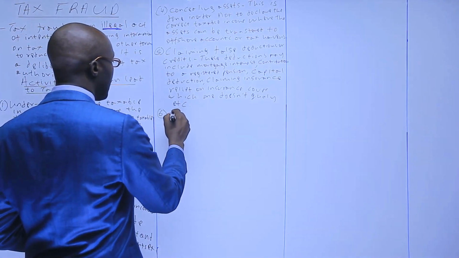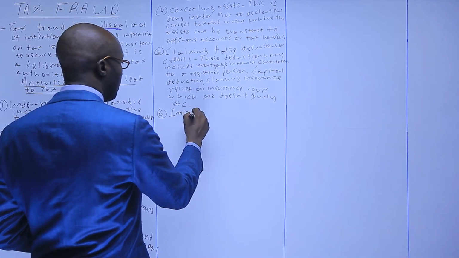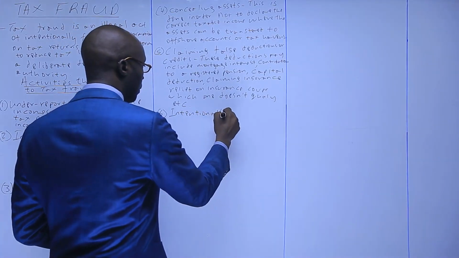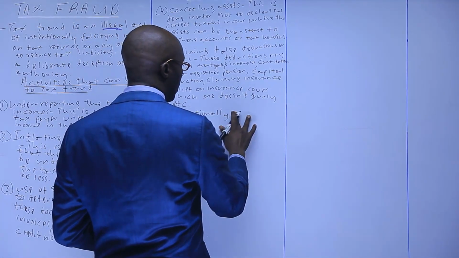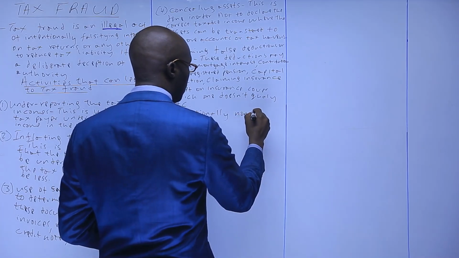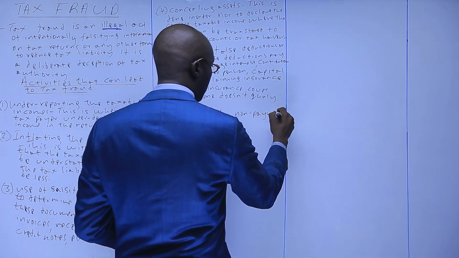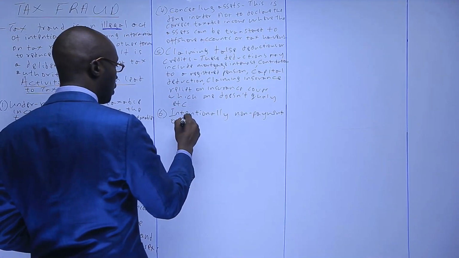Another one is intentional non-payment. That's supposed to be number 6. Intentional non-payment of taxes.